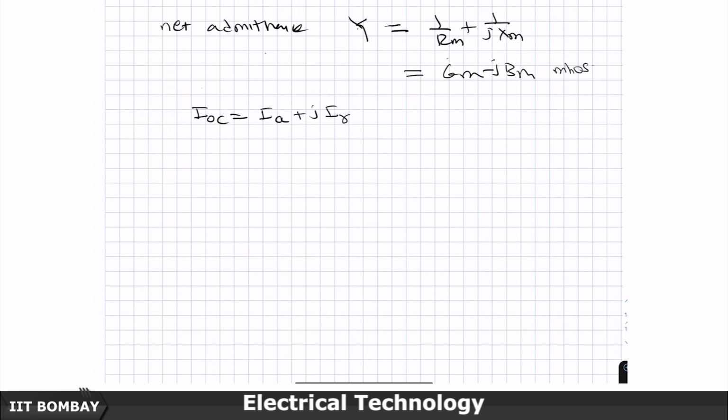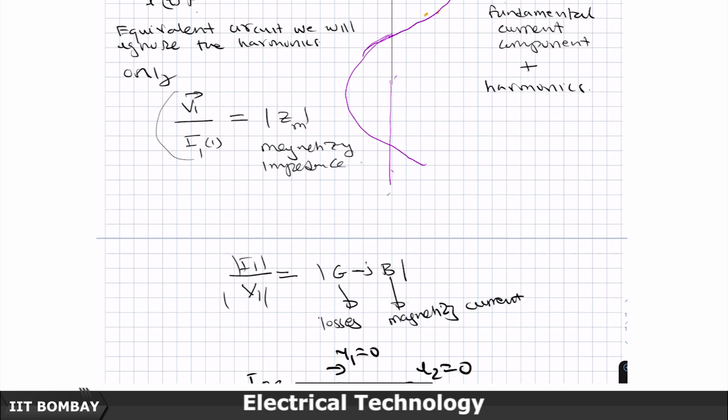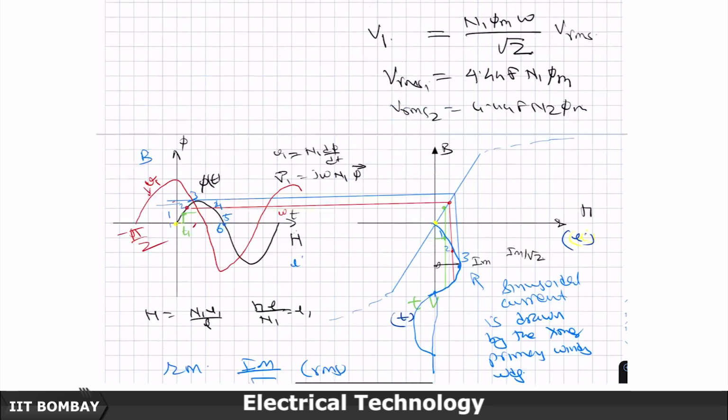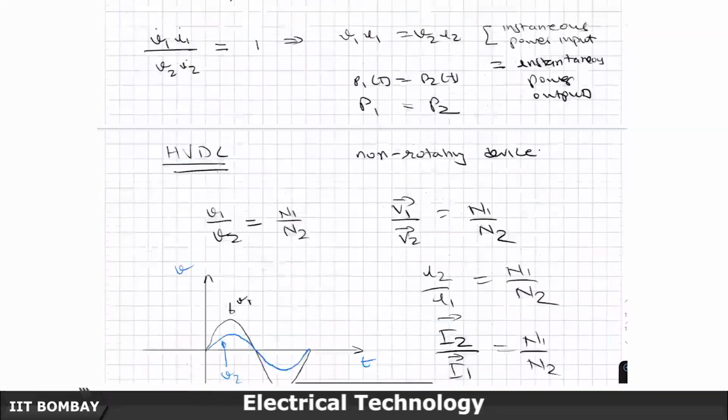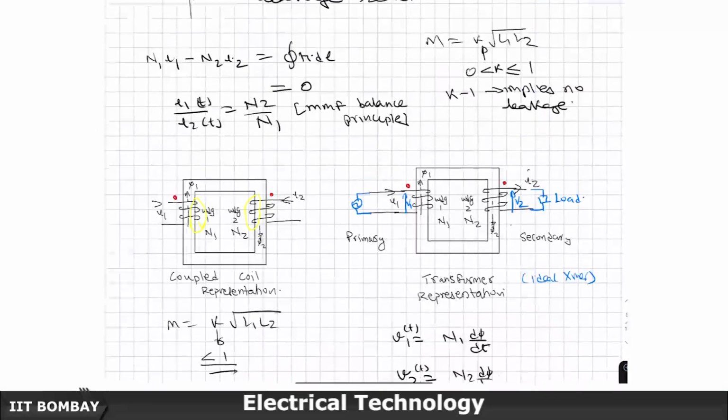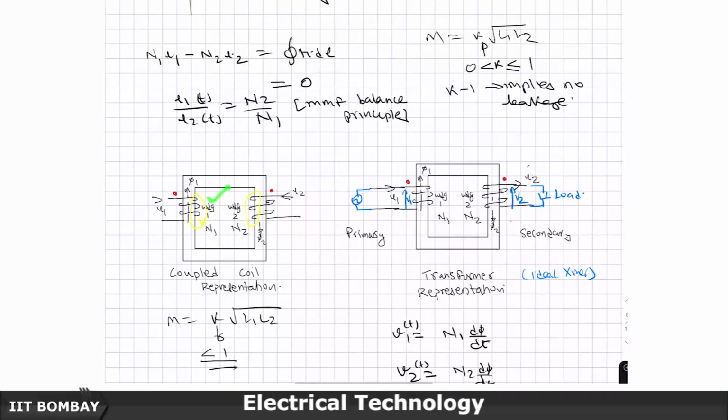Now, let us come to the other effects which we need to model. What are the other effects that we need to model? The first effect, and all of you know this very well, is the leakage flux: the leakage flux associated with the primary winding, and the leakage flux associated with the secondary winding. Now, how will a leakage flux be modeled?